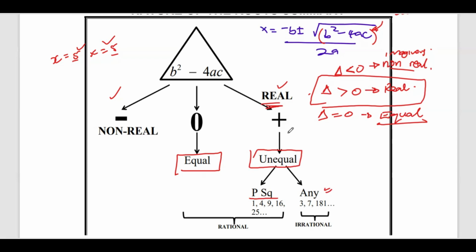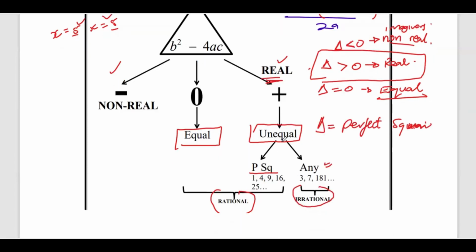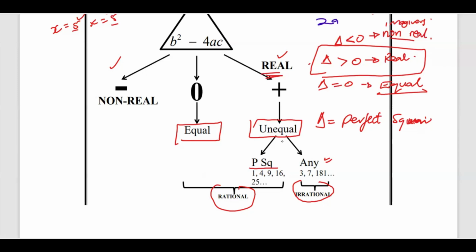So if the discriminant is equal to a perfect square, then we can say that these roots are also rational, okay? And then if it is any other number other than a perfect square, the roots will be irrational.